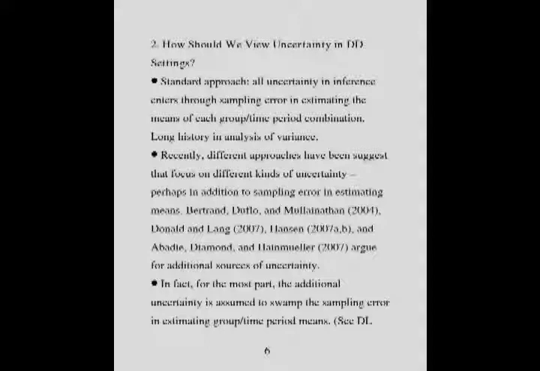The standard approach is, again, the analysis of variance approach, where the uncertainty comes through the estimation error in the means of each group. So a lot of these examples do have lots of individuals per group, and that's where the uncertainty comes in.